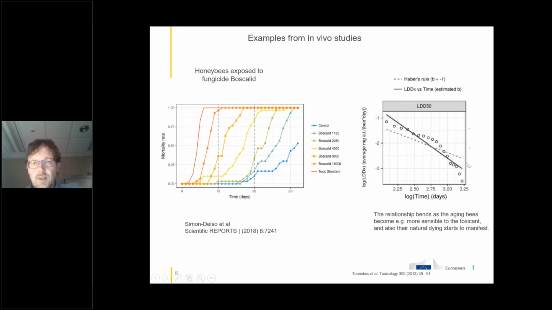So looking at this graph, you can define a concentration which lies somewhere here as safe, and you can then use this concentration in your fields to be sure that you are not killing the bees.